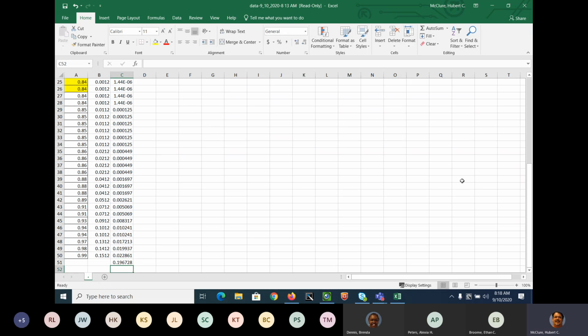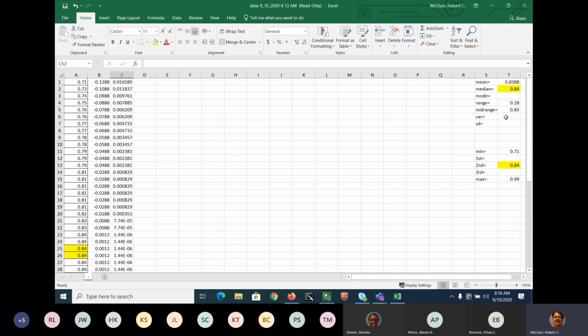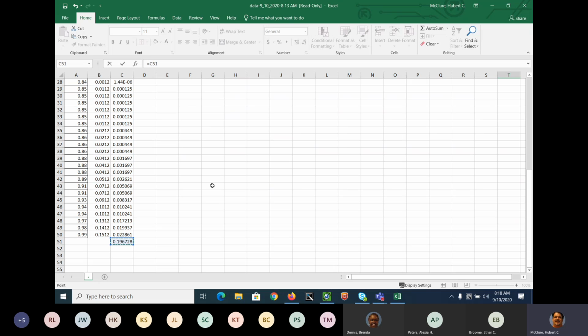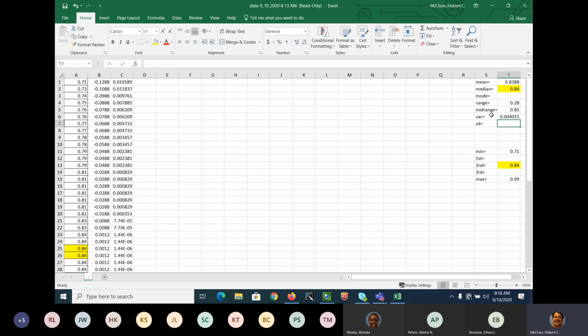And that's my numerator for my variance. I'm going to go up here and I'm going to say equals this guy divided by, and what's 50 minus 1? 49. And then the square root of that number, or raise that number to the 0.5 power or 1/2 power. And that's your standard deviation.